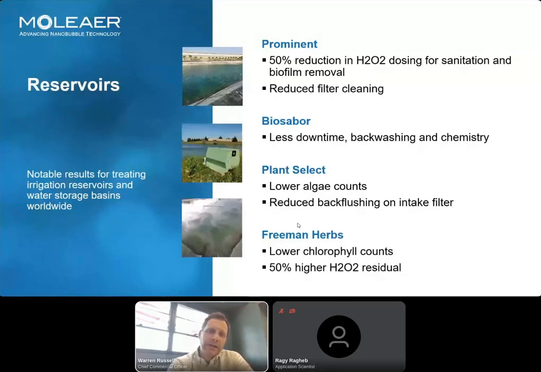Really, it's about providing a non-chemical method to support essentially the health, the cleanliness of that water in its source while it's waiting to be used.